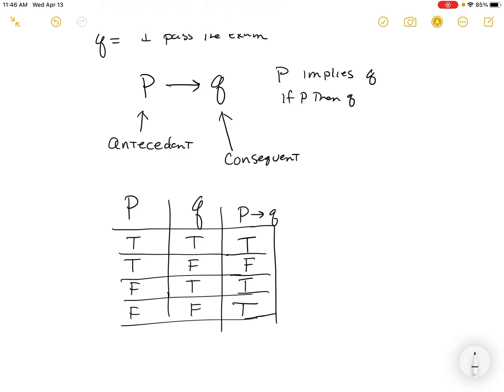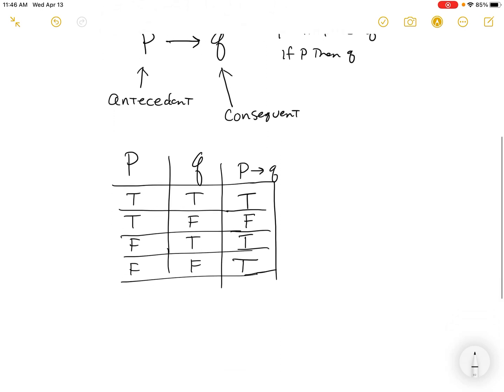So the only time that we're false is if the antecedent is true and the consequence doesn't happen. So most of the time we're true in this regard, right? Very much like an or statement, right? Or is true almost always. So there's going to be a relation to that a little bit later on.